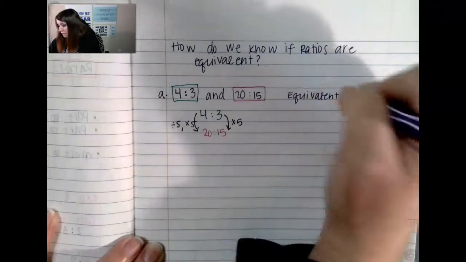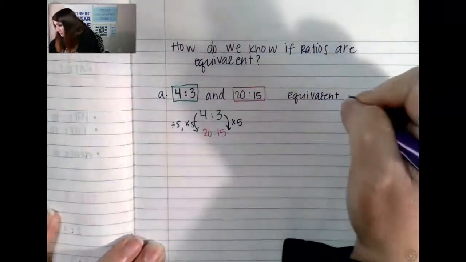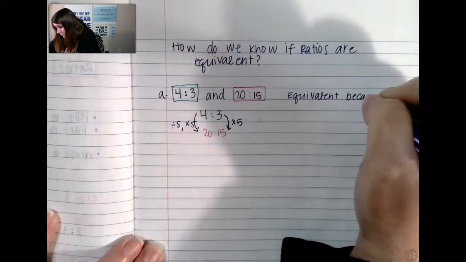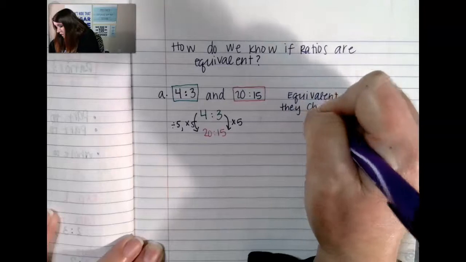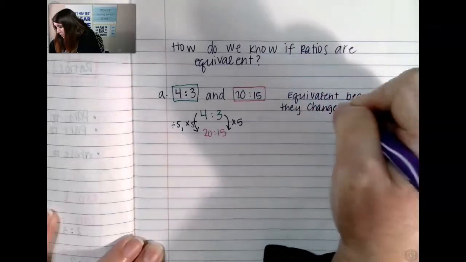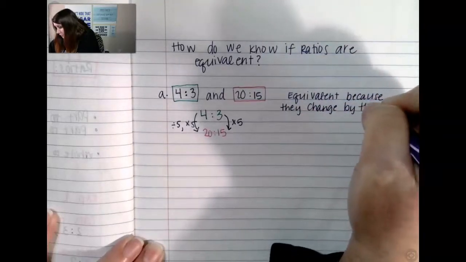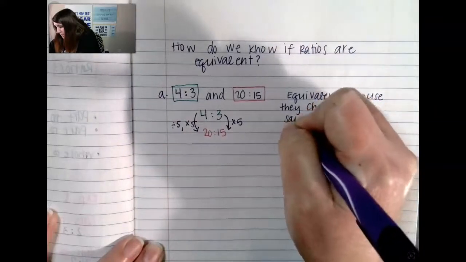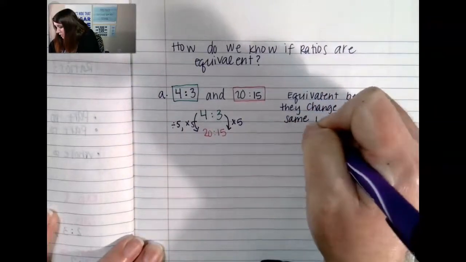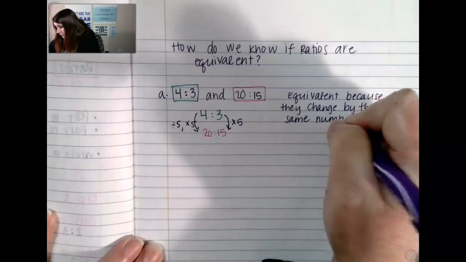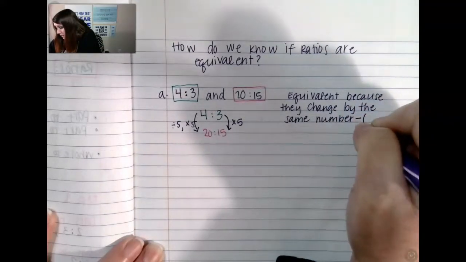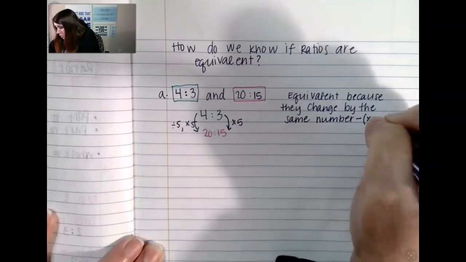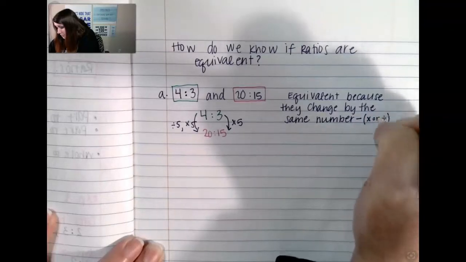So these are equivalent because they change by the same number. And that's either, we want it to either be multiplied or divided.